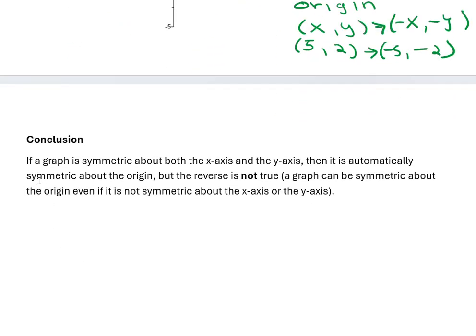So in conclusion, if a graph is symmetric about the x-axis and the y-axis, then it's automatically symmetric about the origin. But the reverse is not true. A graph can be symmetric about the origin even if it's not symmetric about the x or the y-axis.